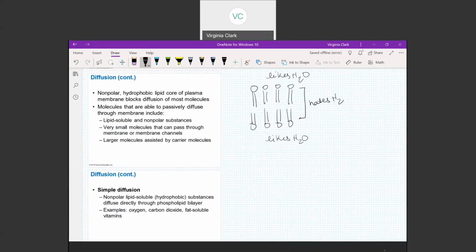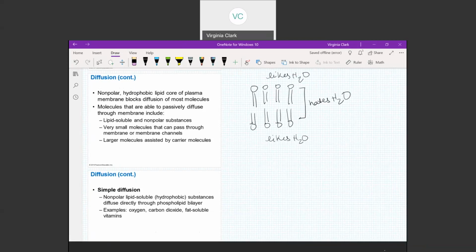So things that are dissolvable in water can't pass through the plasma membrane super easily because they can't pass through the area that hates water. Items that are super large are not able to pass through either. This is very important.